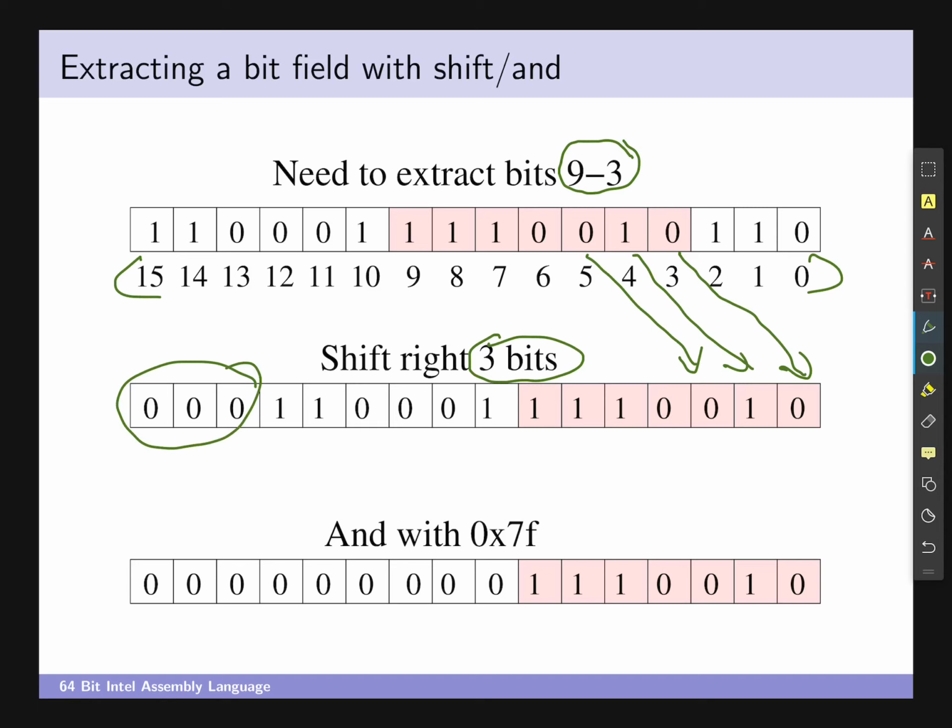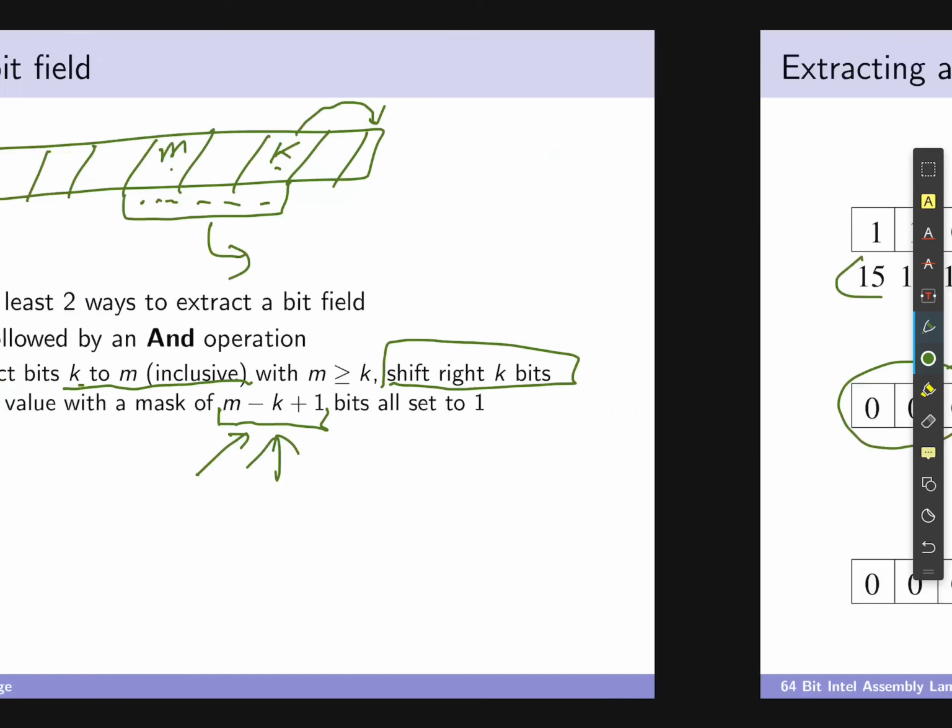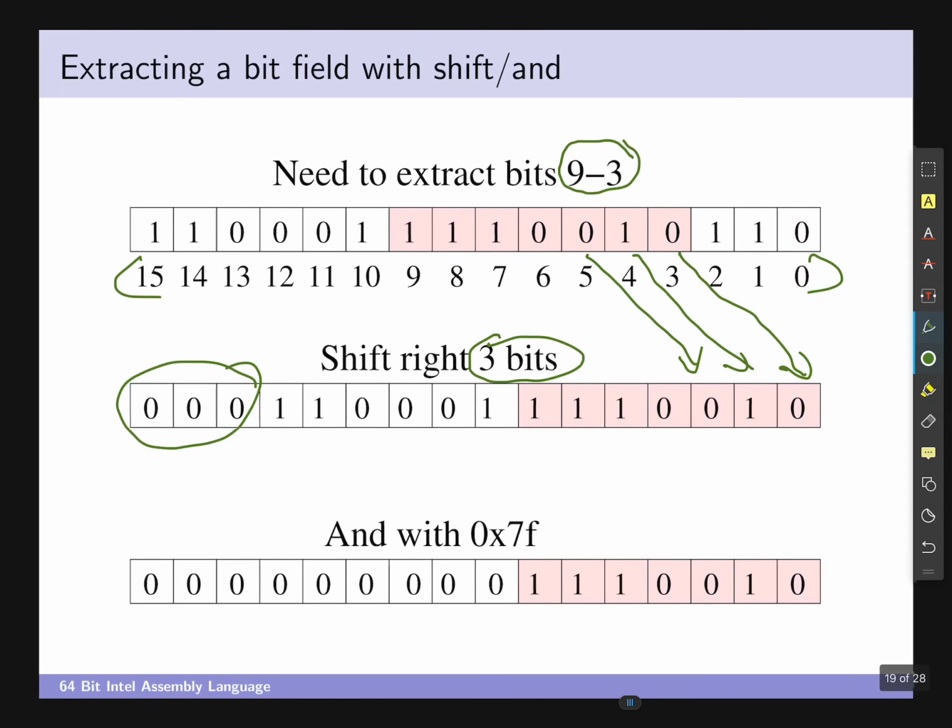And then we need to perform the next step, which is to AND this against a mask of m minus k plus 1 in size. In this situation, that is 9 minus 3 plus 1, so it will be 7. So I need to make a mask of 7 ones, which actually just corresponds to 7F in hex.